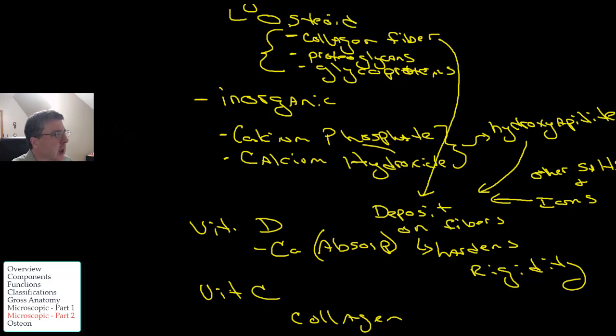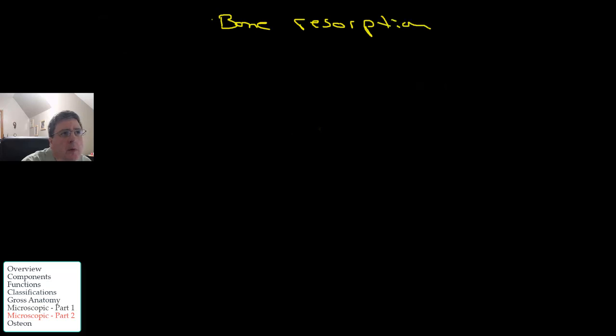So let's look at the bone resorption briefly on this one. Okay, and bone resorption, if you recall, what kind of cell is that? Think about it. That's an osteoclast. Good.